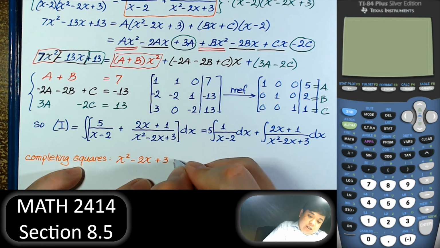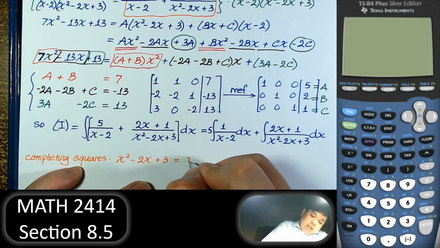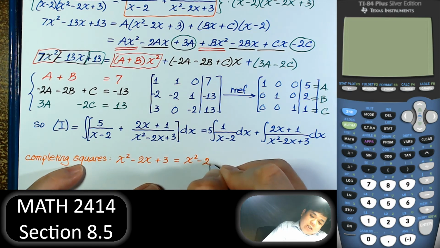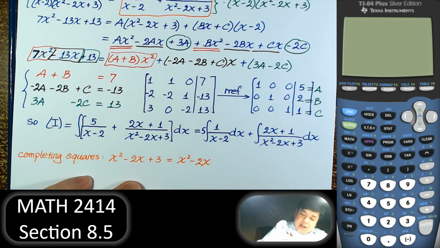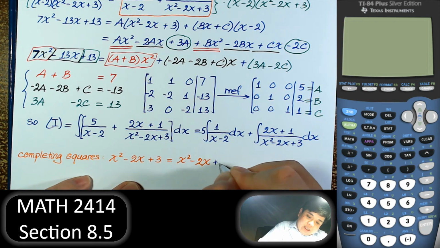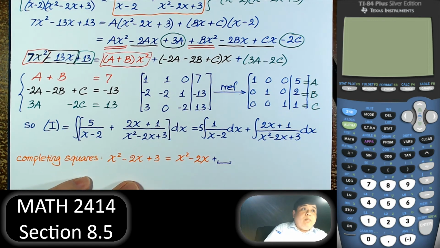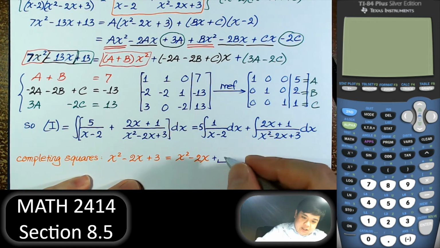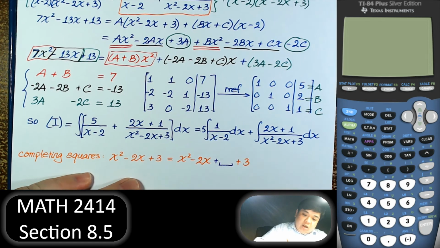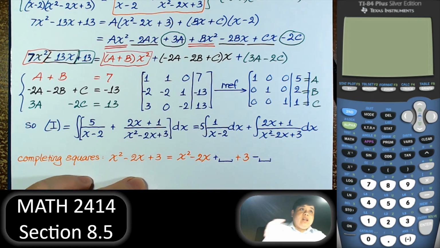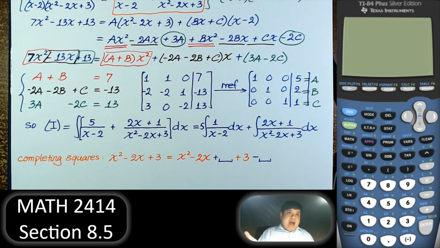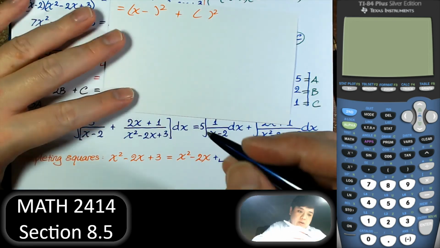First, I'm going to say x squared minus 2x. I'm going to add something here to make it into a perfect square. If we add something there, later on we have to subtract the same thing to make it balanced.